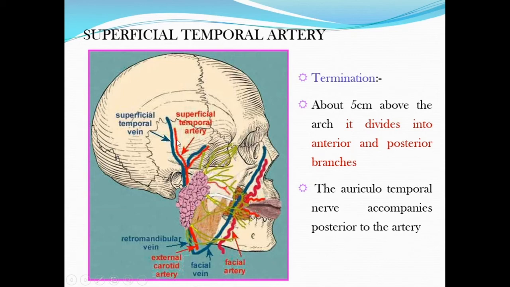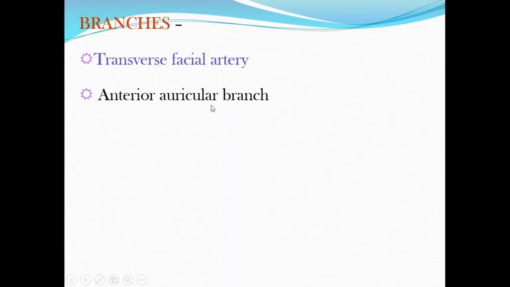This superficial temporal artery is an important artery supplying the scalp. We should remember it in front of the auricle. It is the large artery in front of the auricle supplying the scalp. Branches: the transverse facial artery sometimes arises from the superficial temporal artery, which we learnt in the arterial supply of the face.